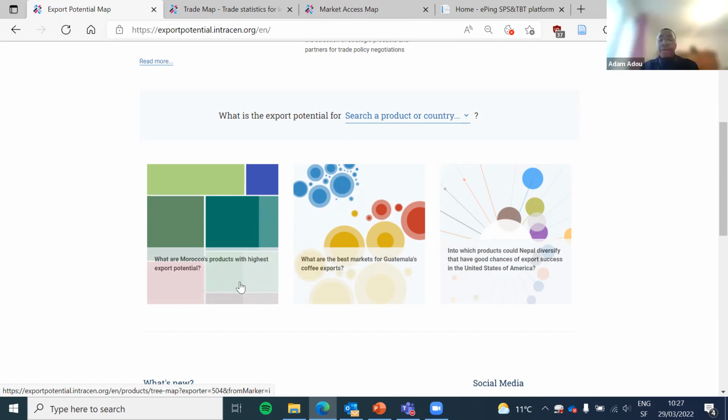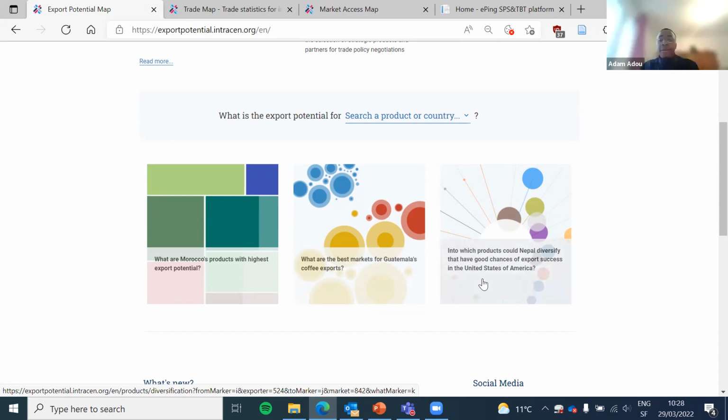Those will be ranked from the highest to the lowest. For the second one, you will have the ranking of all the destination countries for a specific market, ranked from the one with the highest potential for your country to the one with the lowest potential. The first one is for products, the second for markets, and the last one is to look at the different possibilities you have in terms of export diversification.